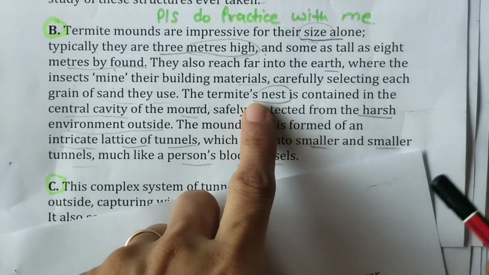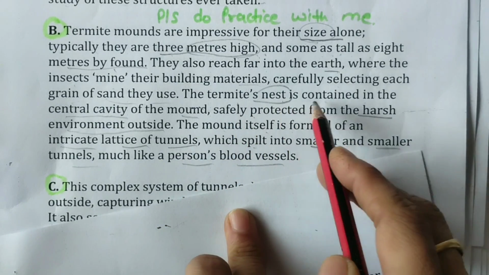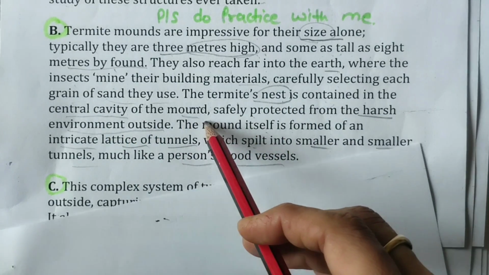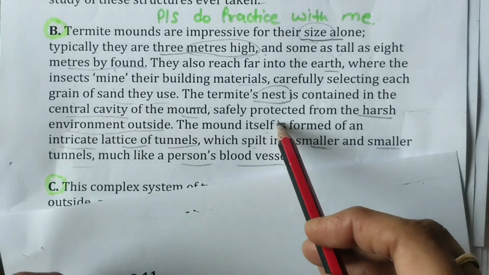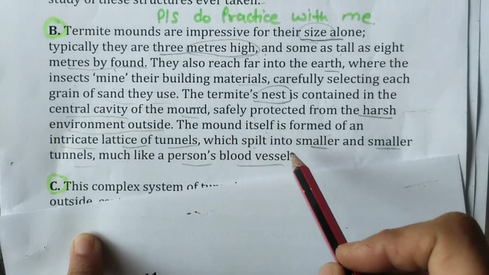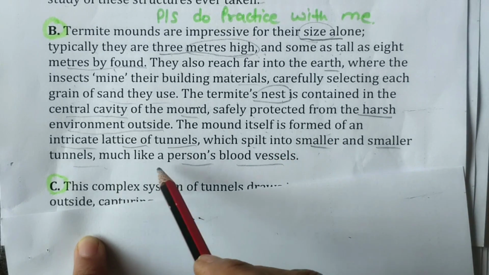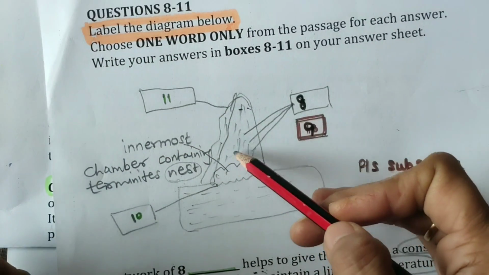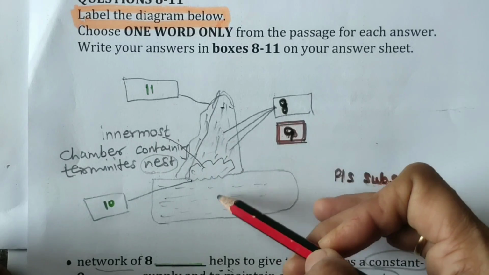So see, this word nest is here. Termite's nest is contained in the central cavity of the mound, safely protected from the harsh environment outside. The mound itself is formed of an intricate lattice of tunnels which split into smaller and smaller, like a person's. I think they are talking about blood vessels.